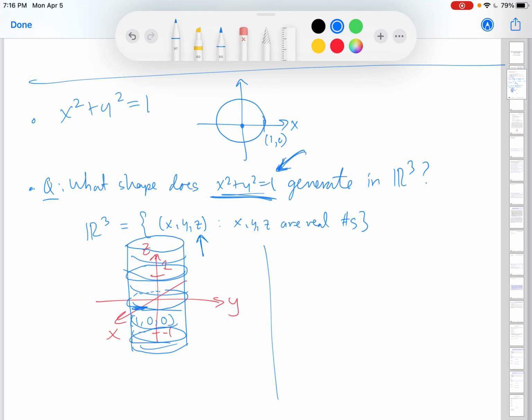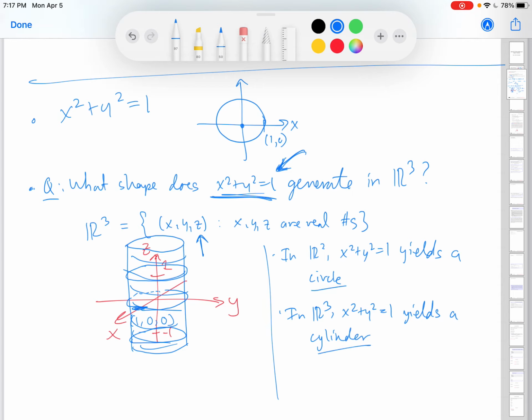So to recap, in R2, x squared plus y squared equals 1 yields a circle, the unit circle we're familiar with. In R3, because z is left unspecified, z can be whatever you want. And so plotting x squared plus y squared equals 1 for every z equals whatever number you want plane yields a cylinder.